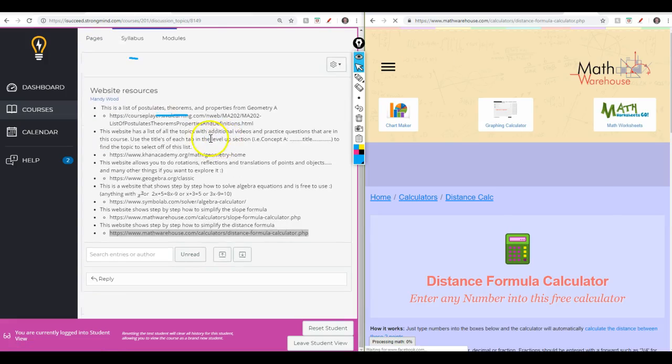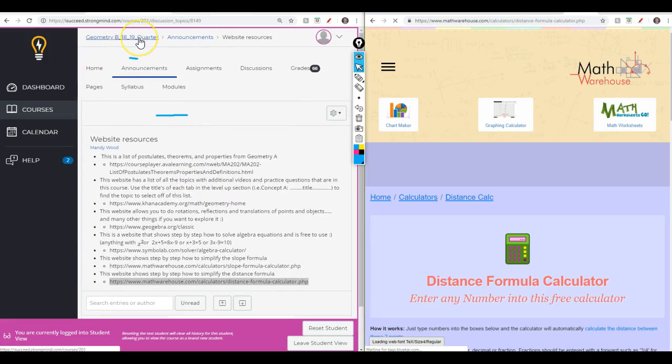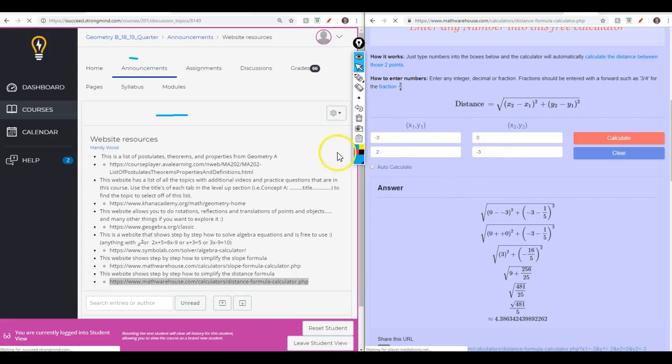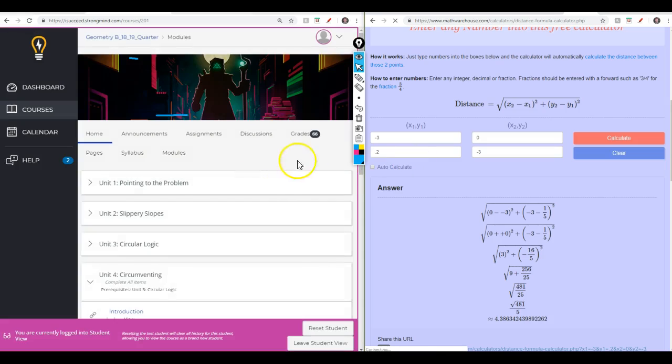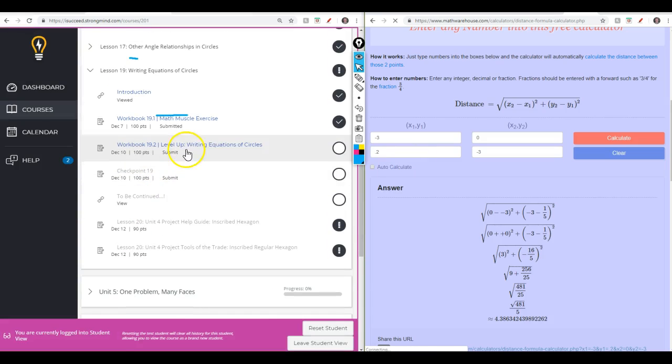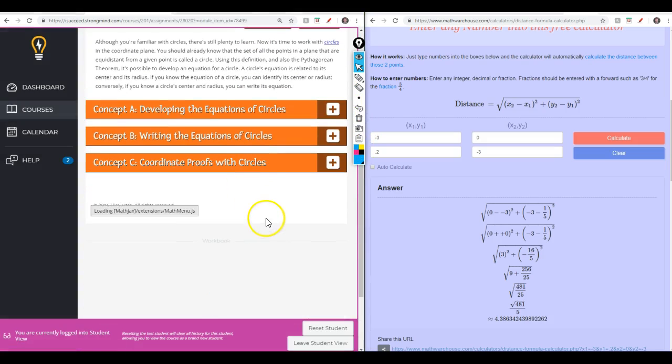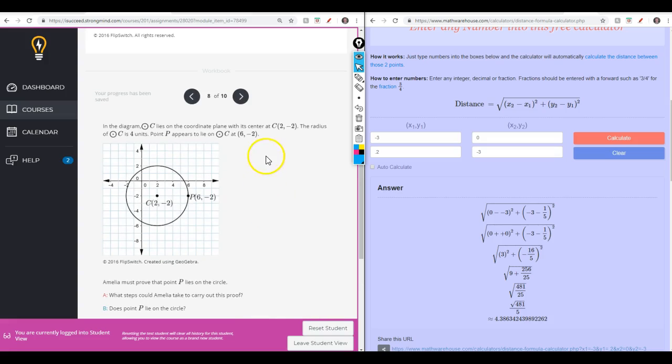and then I would jump back to our problem to find the length of CP. So once I can remember what the coordinates are, we have point C, which is our center, at (2, -2).